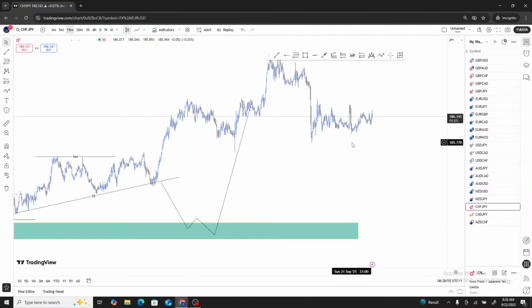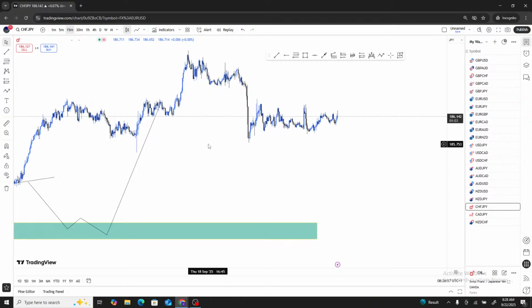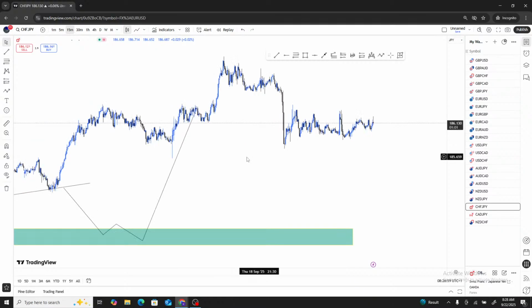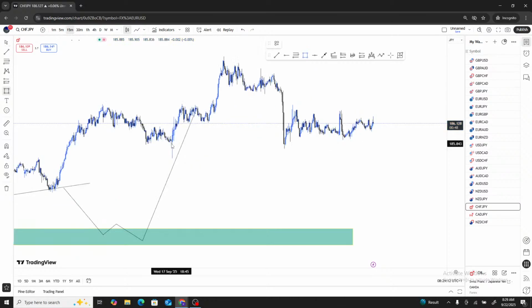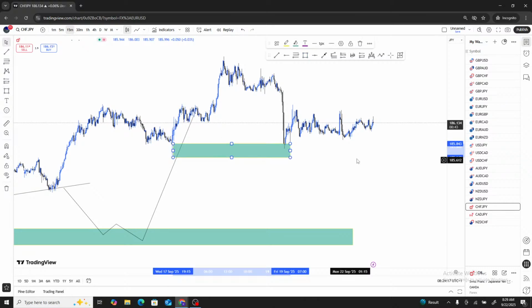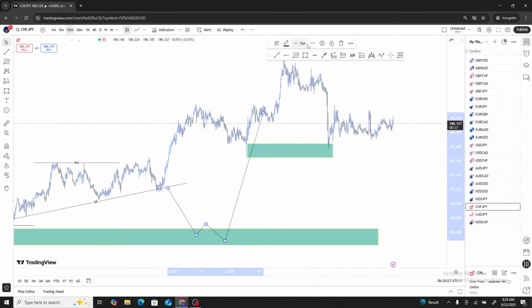But today is Monday and we can see a little bit of price tapping into our hidden order block. Can you see price tapping into our hidden order block and moving away? Look, the market is still on a higher high and higher low movement.